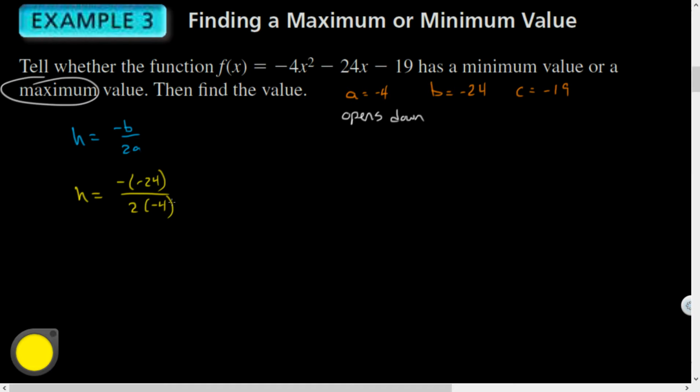I could actually measure that using parabolic motion. So the opposite of negative 24 is positive 24. 2 times negative 4 is negative 8. And that's going to be negative 3 is the value of h. So that's the x-coordinate of the vertex.